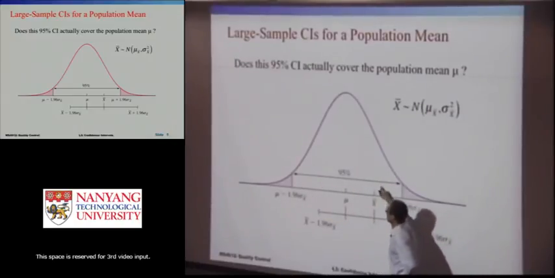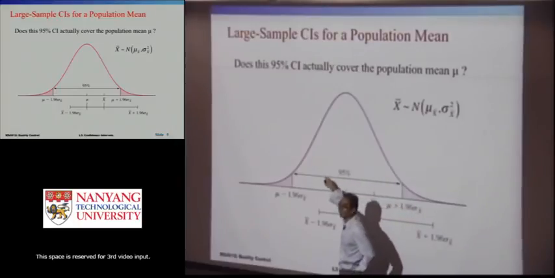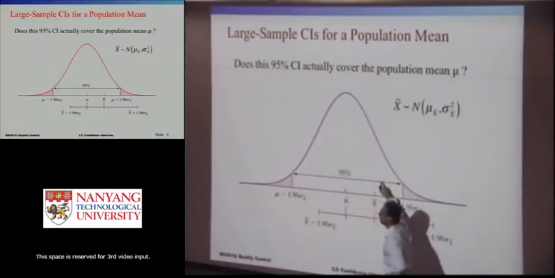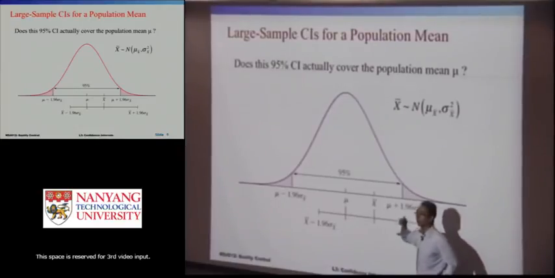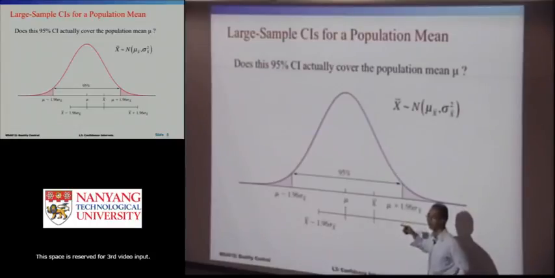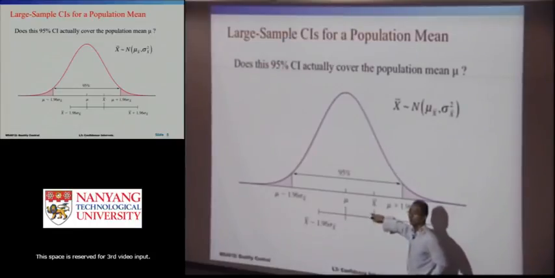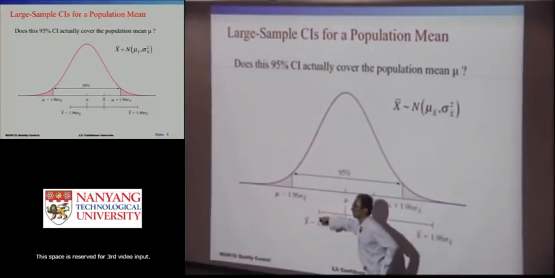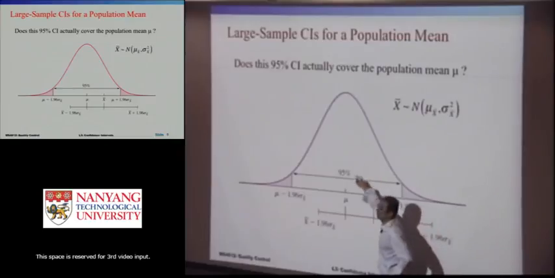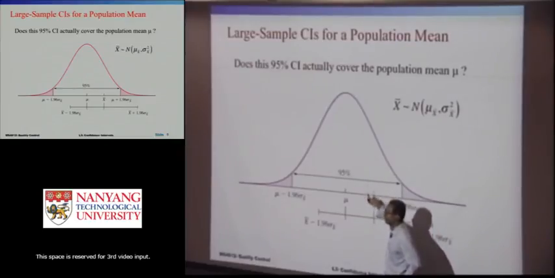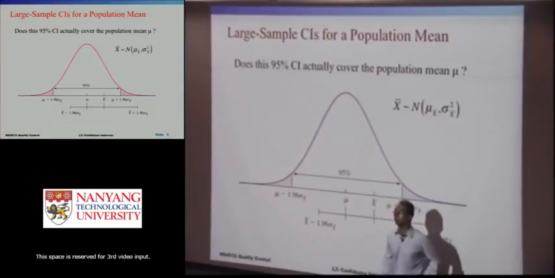The probability it falls into this 95% region is about 95%, right? And if we follow the procedure in the previous slide, we use x bar to approximate mu, and we get this confidence interval. If x bar falls into this middle blank region, does this interval cover the population mean or not?